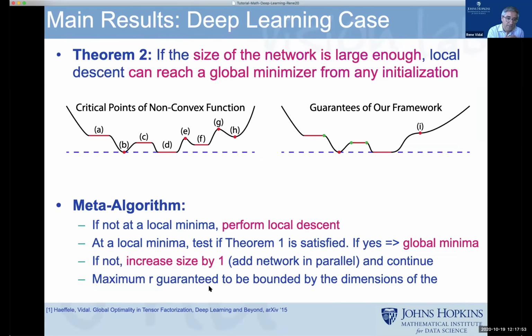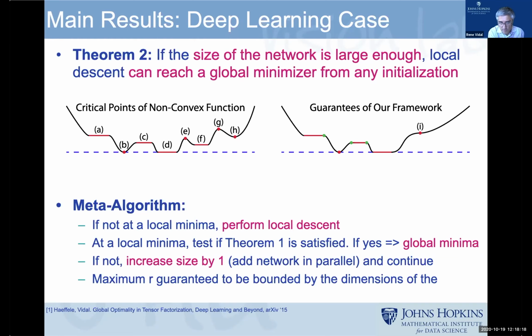The second theorem is the same as before, so I'm not going to repeat everything I already said, but the primary difference is that instead of adding one neuron at a time, up until you get the 0 weights, you add one subnetwork at a time. So you will begin with one subnetwork, run your local descent strategy to optimize.